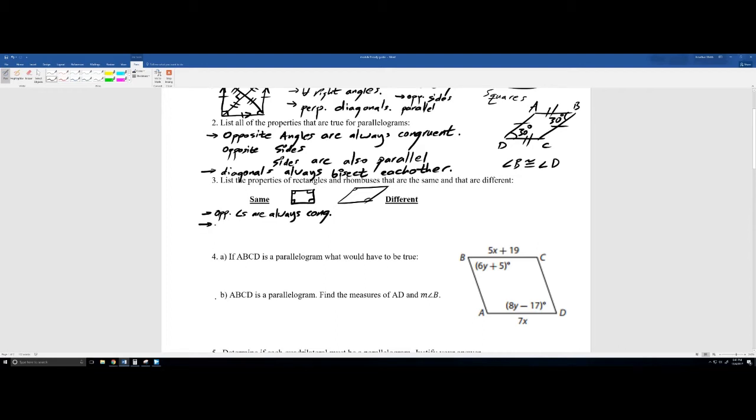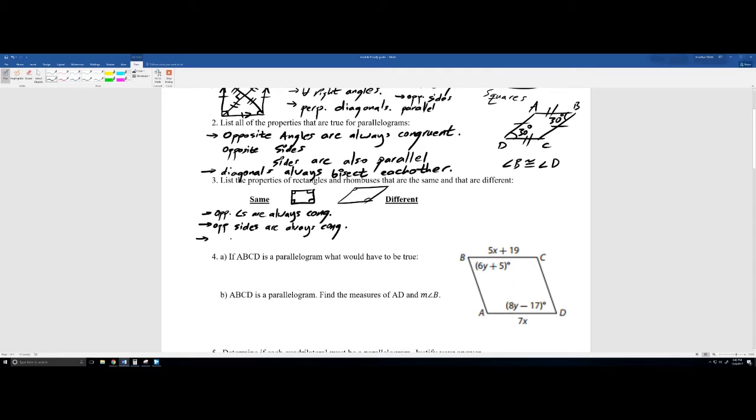Opposite sides are always congruent. That's something else you should note.